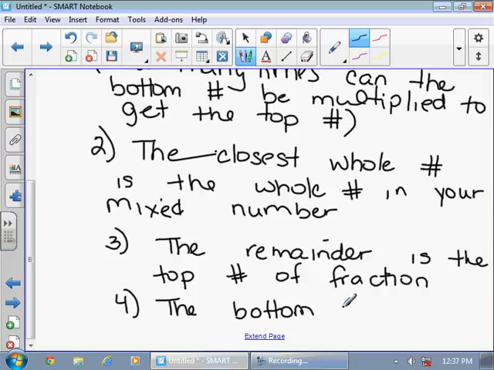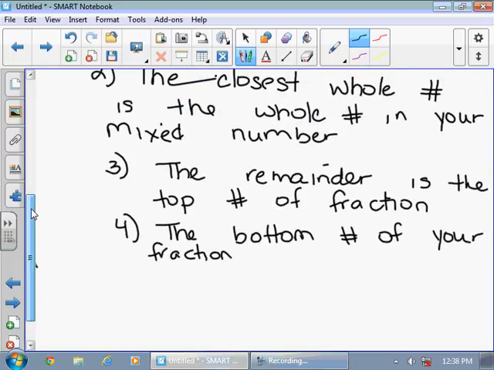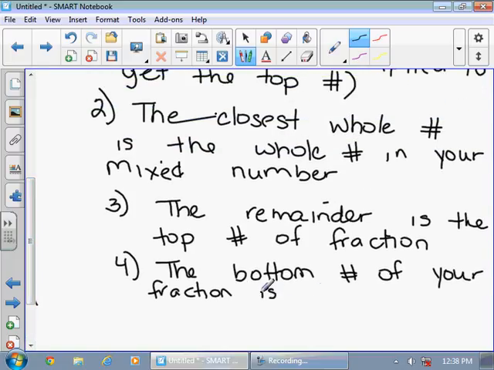The bottom number of your fraction is what you divide it by in step one. We're going to do one of these and it'll make more sense. I know that's a lot of words.